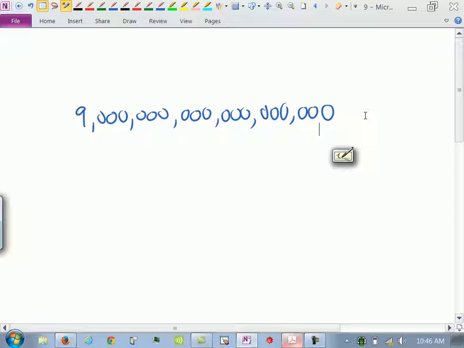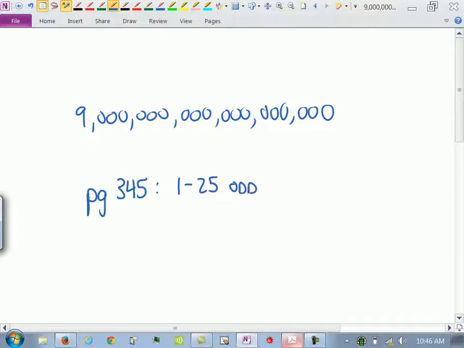Okay, your homework, will you give me 1 minute? I'm sorry I've kept you over, but that kind of relates to what we did, right? A little bit. Our homework is page 345. I want you to do 1 through 25 odd, and do 2 through 26 even if time permits.